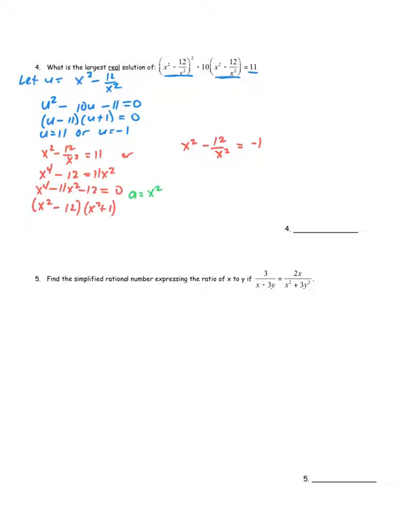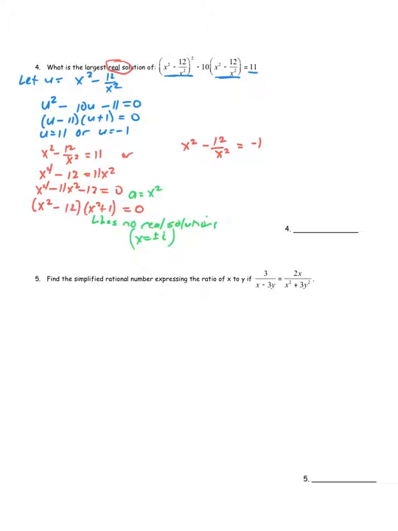So let's continue on solving this. We have x squared minus 12 times x squared plus 1 equals 0. We're only asked to find real solutions. So x squared plus 1, this particular factor, has no real solution, so we don't need to solve it. We could. The solutions to this are going to be x equals plus or minus i, if you want to solve that.